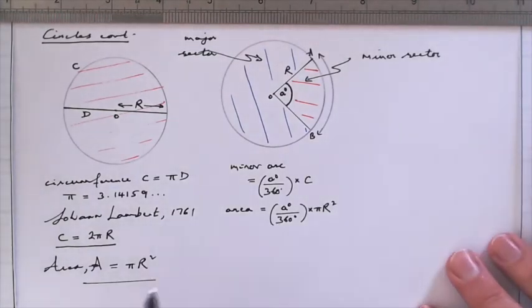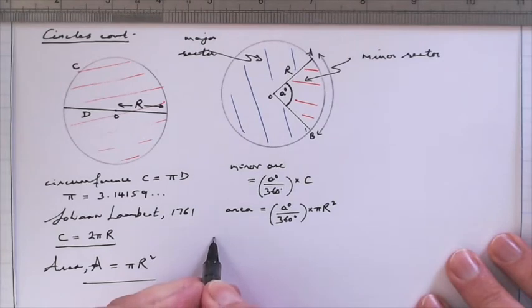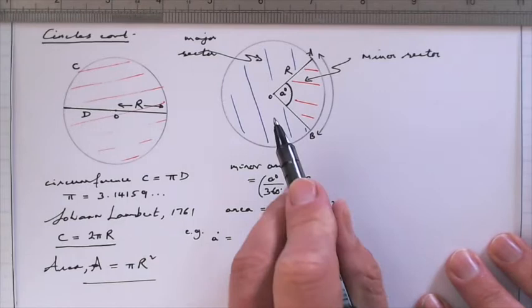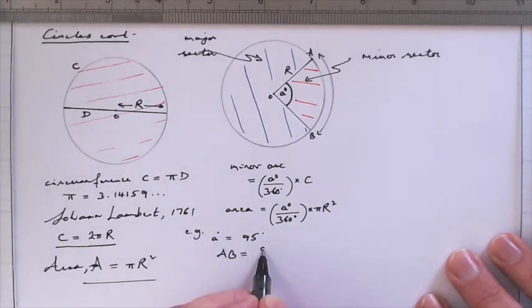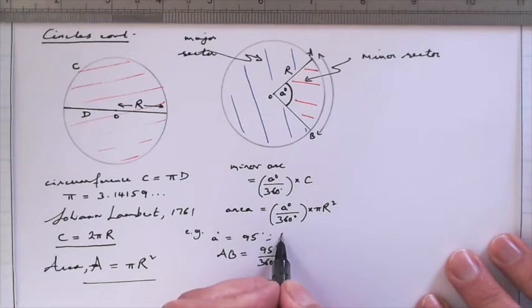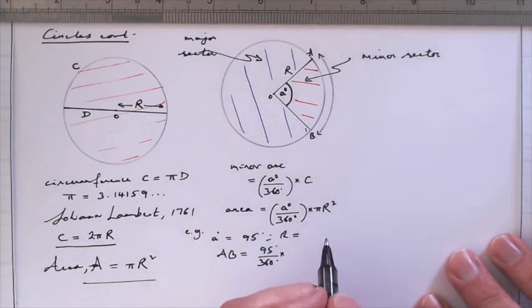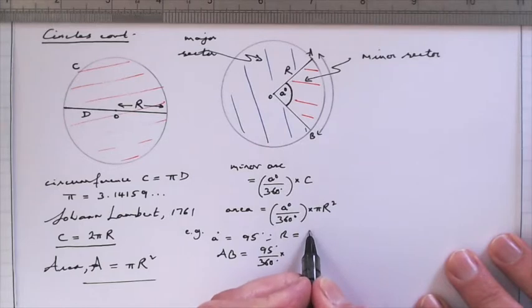So let's just do a quick example. Let's say that angle was 95 degrees, for example. Okay, then that arc AB would be 95 degrees divided by 360 degrees times the circumference, and let's say the radius in this circle here, in some units, is 3. Then I have 95 degrees divided by 360 degrees.